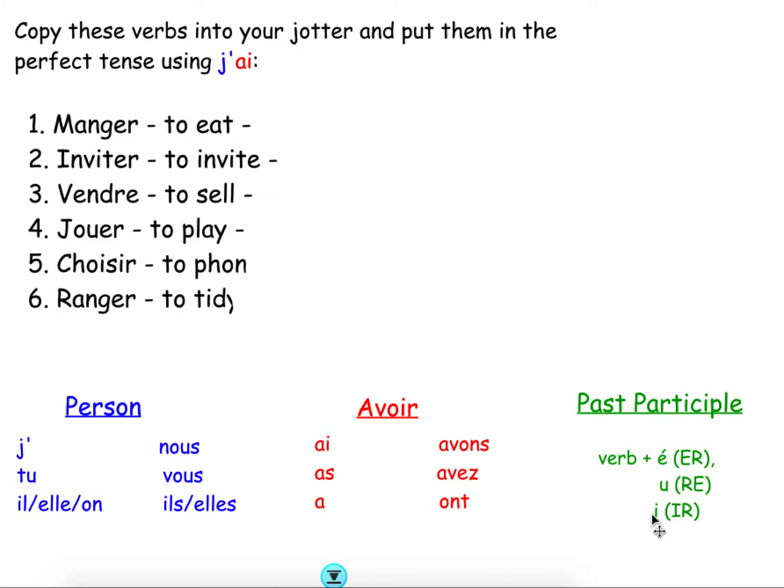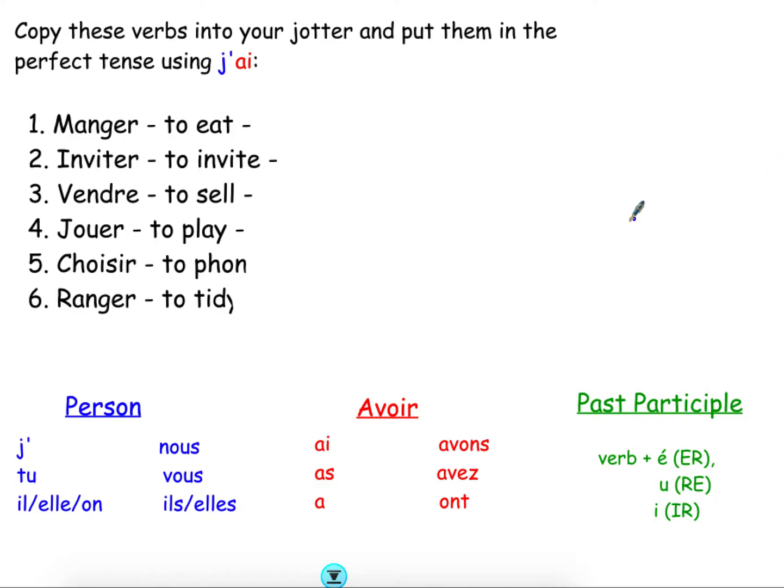So, to get us started, what I would like you to do is copy down the 6 sentences or 6 verbs there and put them in the perfect tense, the past tense, using j'ai. Okay, so for example, the first one, we'll do that one together. Manger means to eat. If I wanted to put that in the perfect tense, I would start with the person.